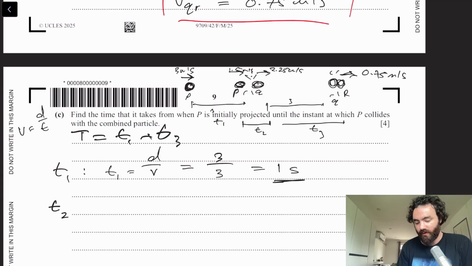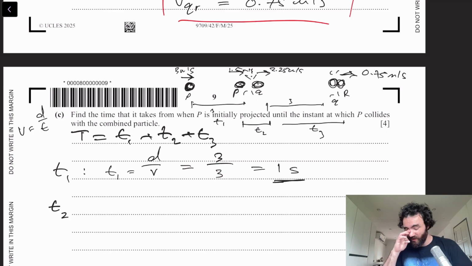T2 gives us when Q collides with P, and we want to see how far this thing has moved. T2 is the time of how far this thing has moved, and this will help us find T3. Is that making sense? Am I explaining that well? So the first time, T1, is when P hits Q, and now we're finding the time when Q hits R and seeing how far P has moved.